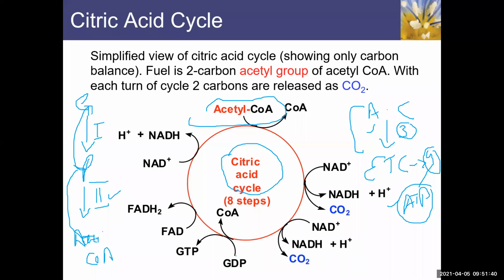Then the energy which is stored in the bonds will be released, and that energy will be stored in these molecules, whether it is the NADH, FADH2 or the GTP. That is our ultimate aim here.